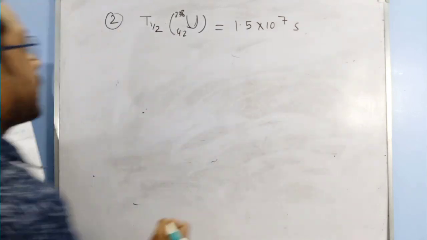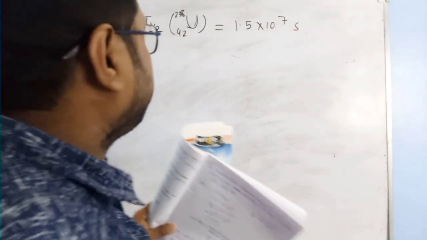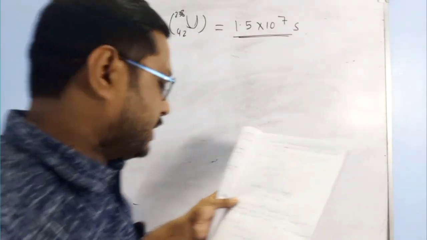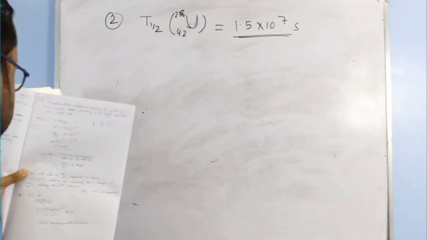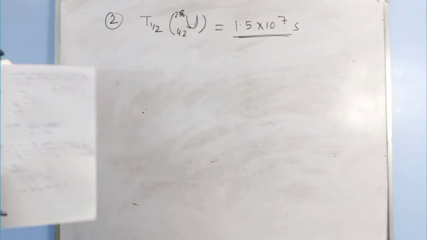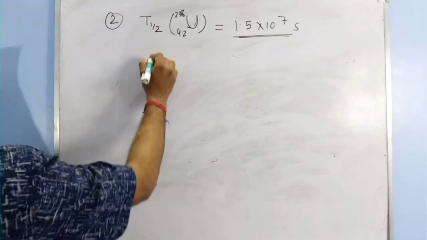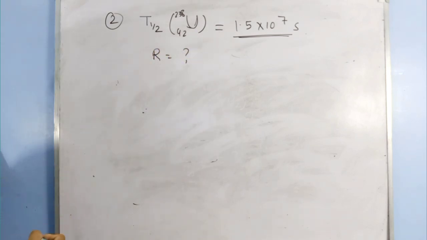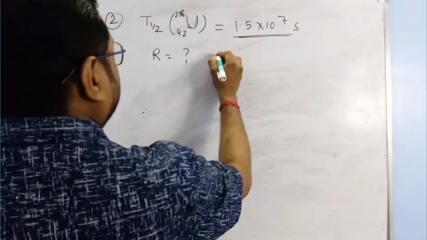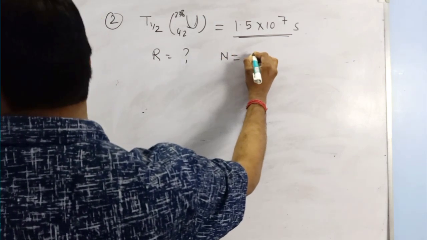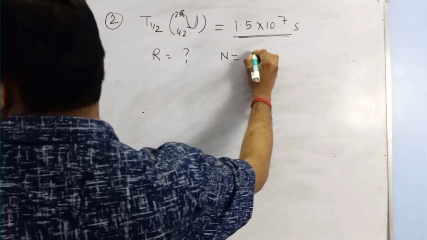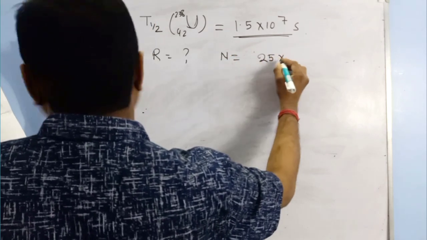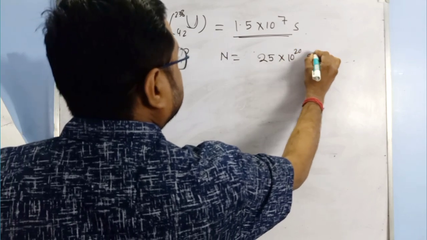That is, emitting alpha particles, in 1.5 into 10 to the power 7 seconds it becomes half of its initial value. What is the activity, that is R, of the uranium sample having total number of atoms N equal to 25 into 10 to the power 20 atoms?